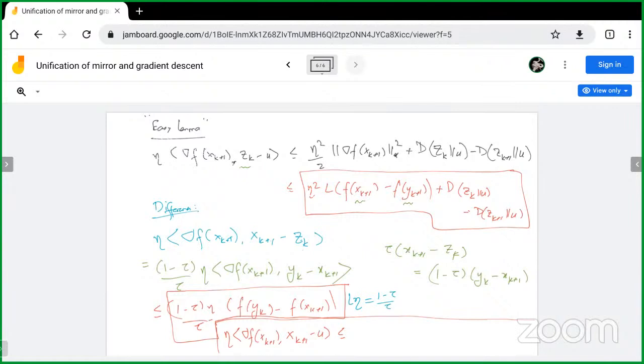So this is at most. Okay, what is this? It's at most eta square L times f of yk minus f of yk plus 1 plus the potential difference.